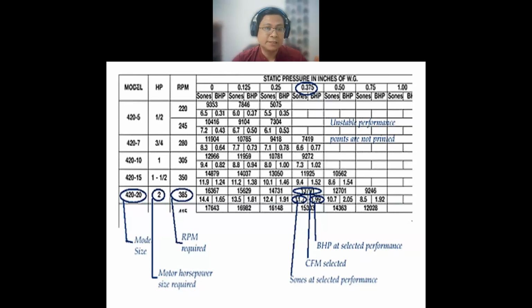For example, we divide by model, and by columns of horsepower, rotation per minute, and static pressure in inches of water gauge.